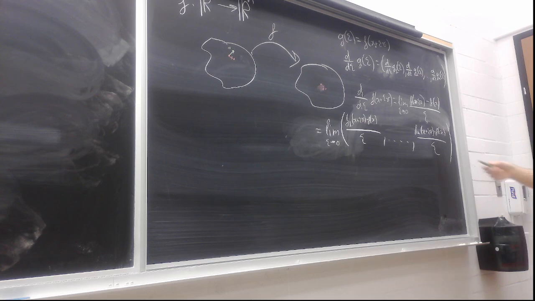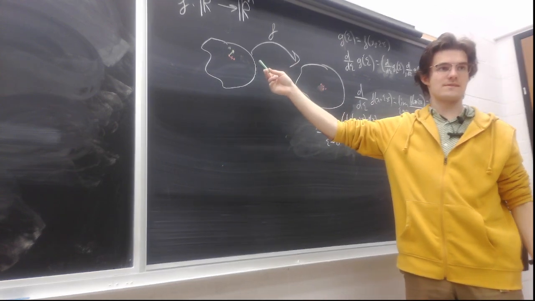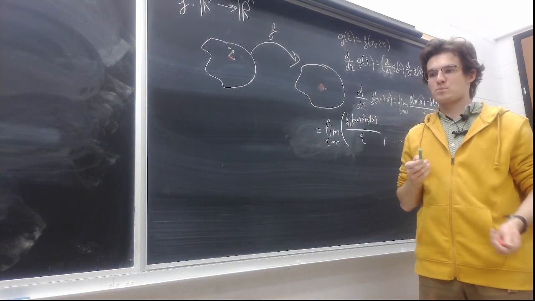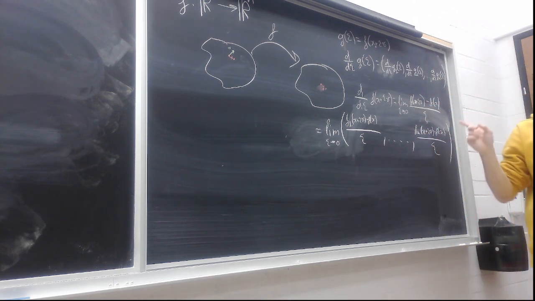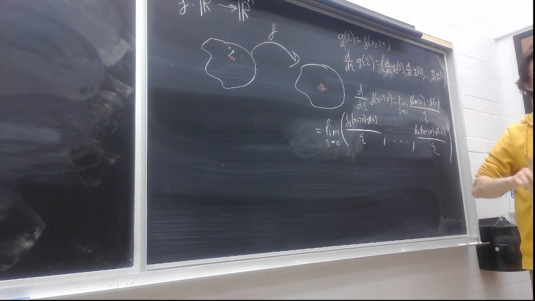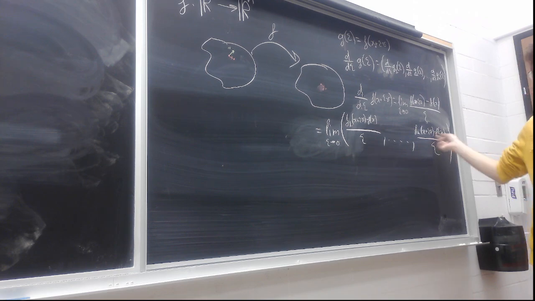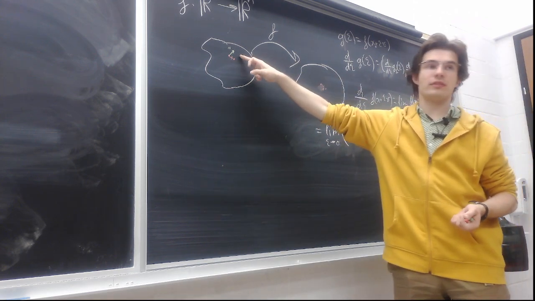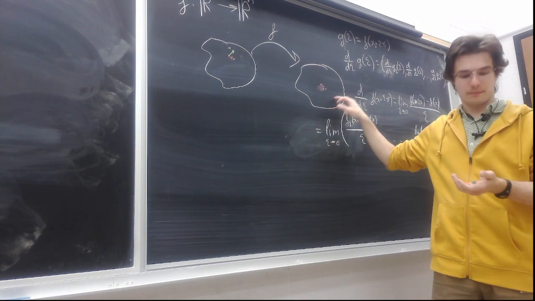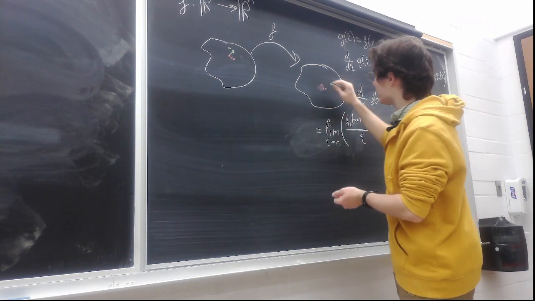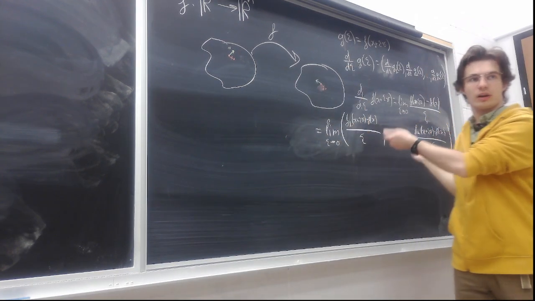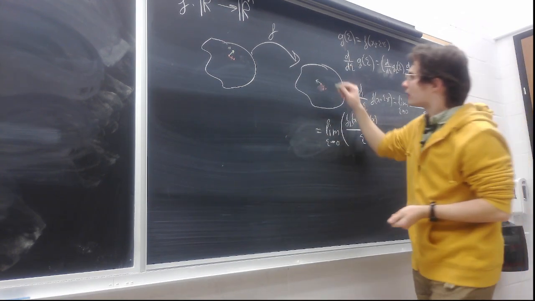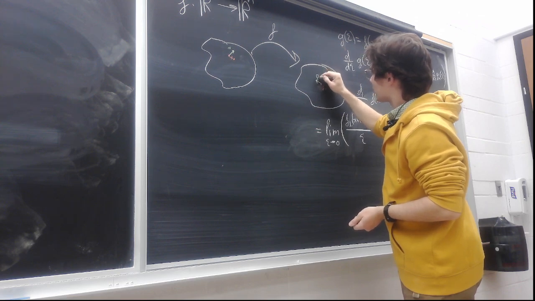So we start with an n-dimensional vector, and an m-dimensional vector is now the point.